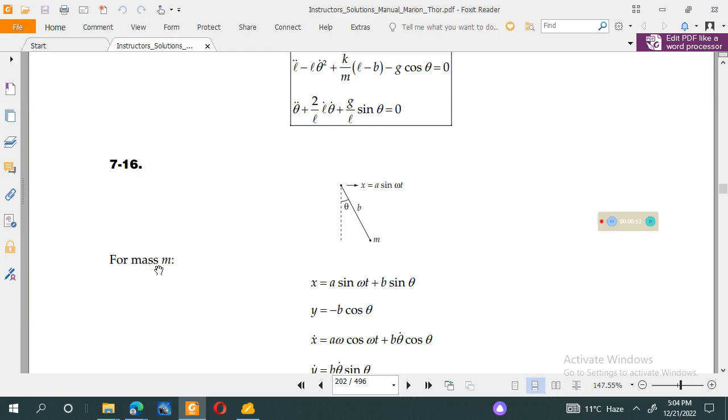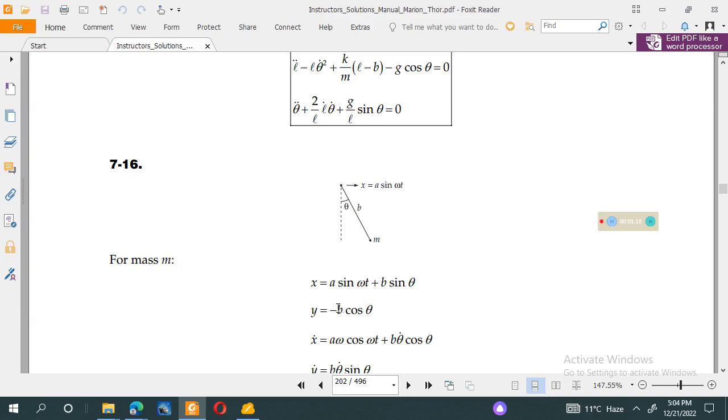So for mass m, x will have the sine theta term and a sine omega t, and similarly below the origin, y is equal to minus b cos theta.